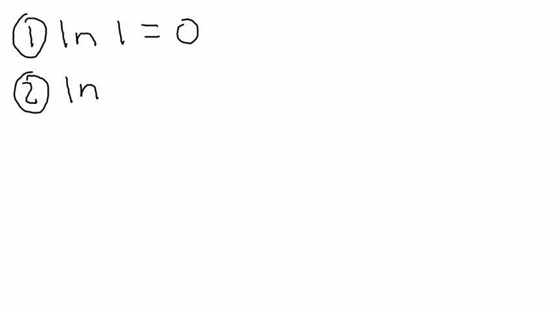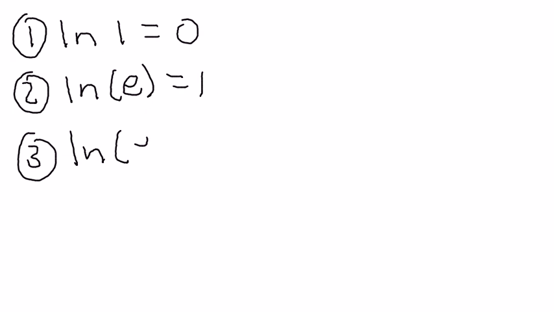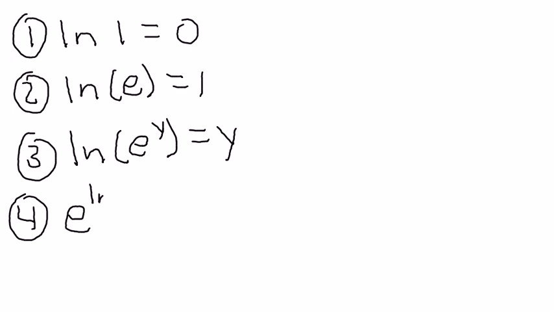The ln of e is 1. The ln of e raised to any power, say y, is just y. And if you have e to the ln of x, that's just x.